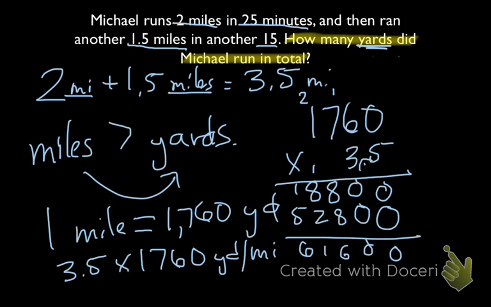And we know since we have a decimal here, we're going to move the decimal point one spot over in the sum. Here the decimal point is 0 positions over from the right, and 1 position over from the right here. So in our final answer, we're going to move the decimal point 1 spot over, and we're left with 6,160 yards.